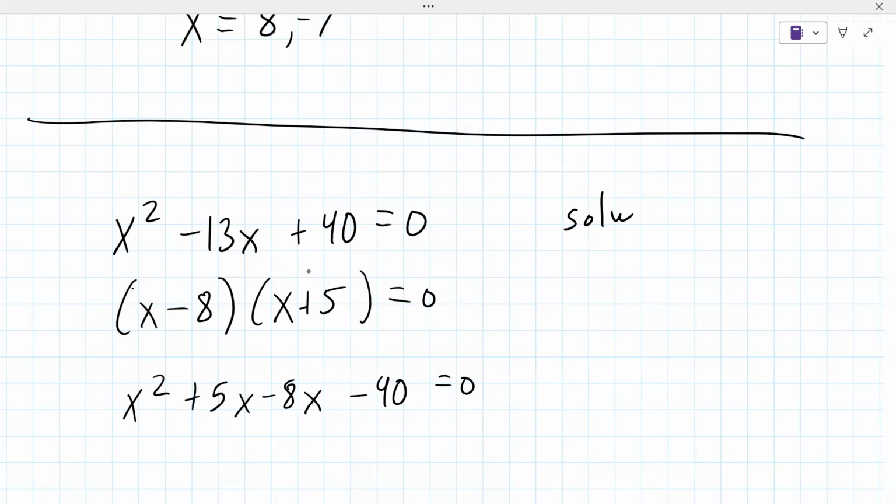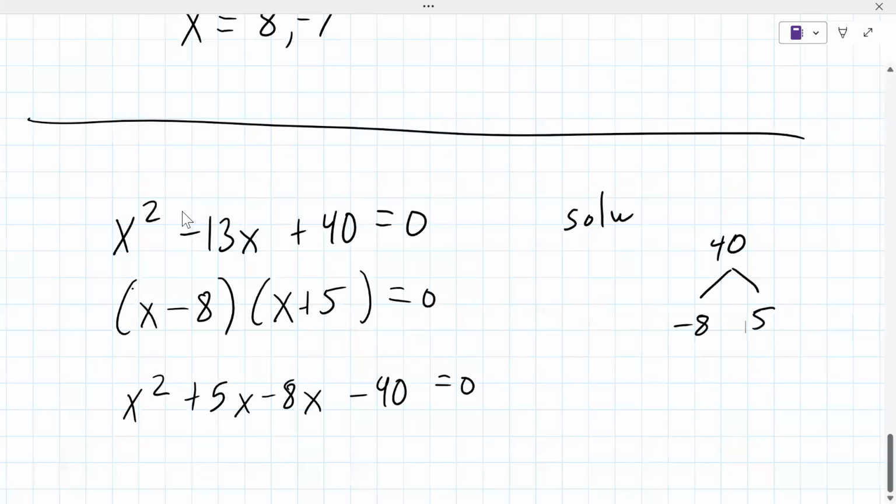No. Okay, so there's a mistake. So remember, you're trying to get to 40 and it has to add to minus 13. So -8 and 5, they don't even multiply to 40. They multiply to -40. Oh, okay.